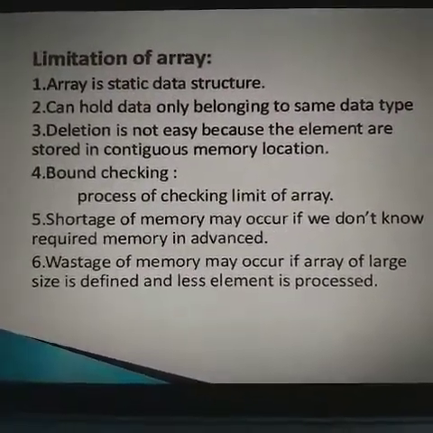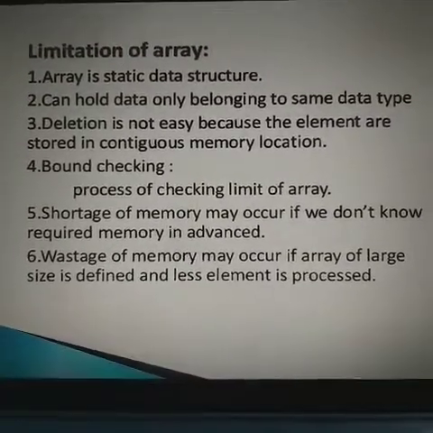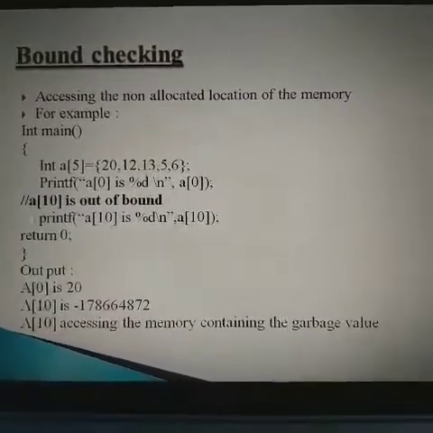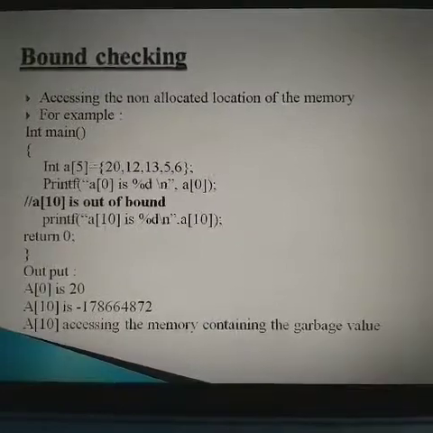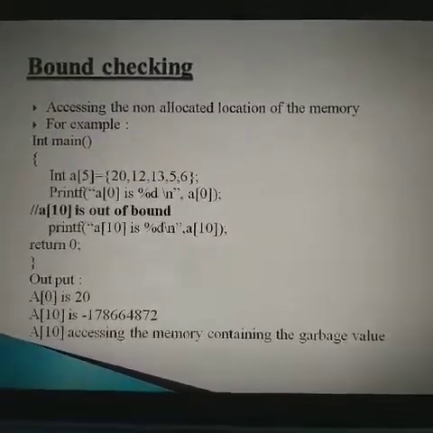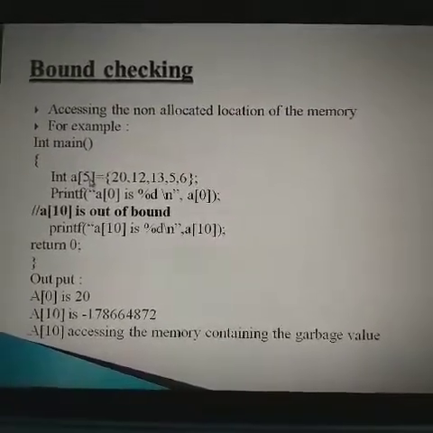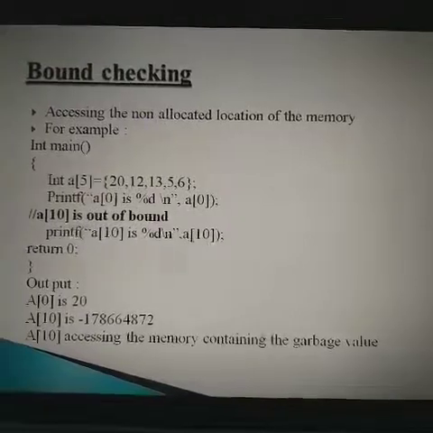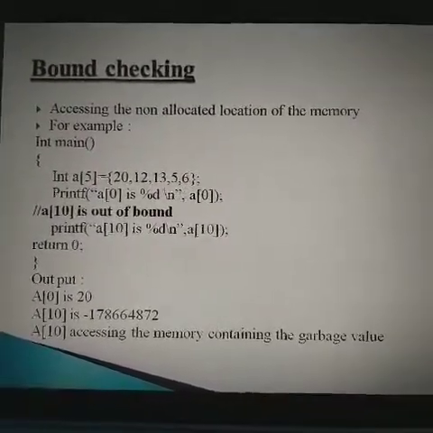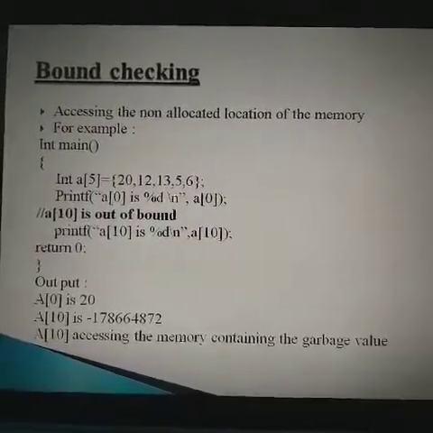Next is bound checking. Bound checking is the process of checking the limit of an array, that is, trying to access non-allocated memory locations. For example, if the size of an array is 5, the total number of elements is 5, from index 0 to 4, so we can easily access all the elements.